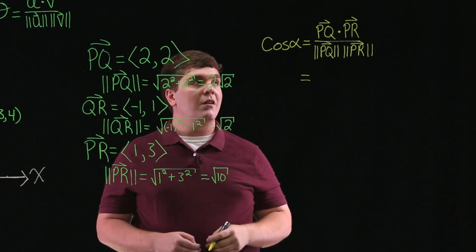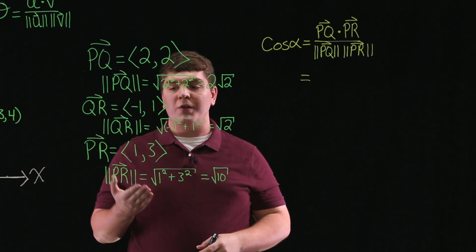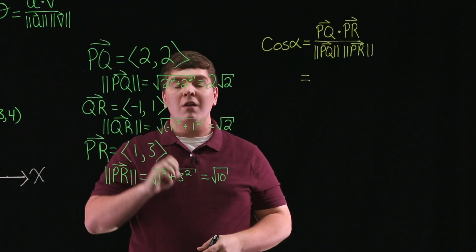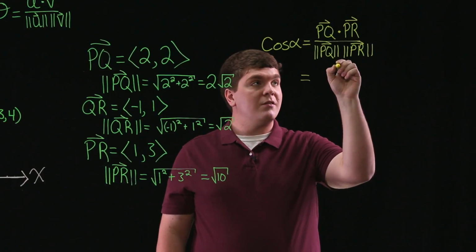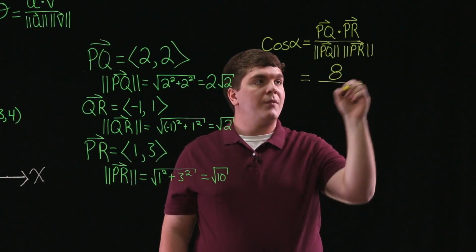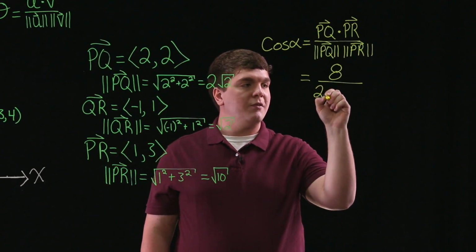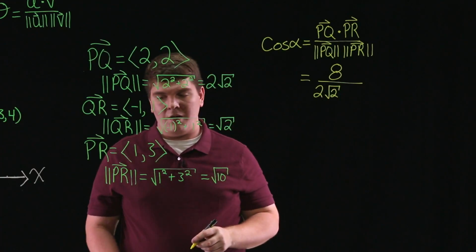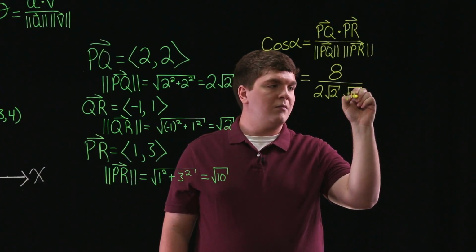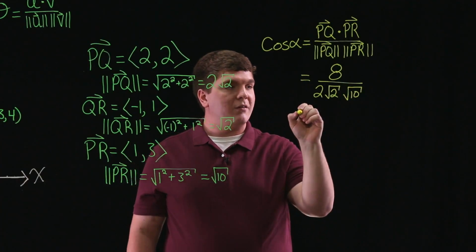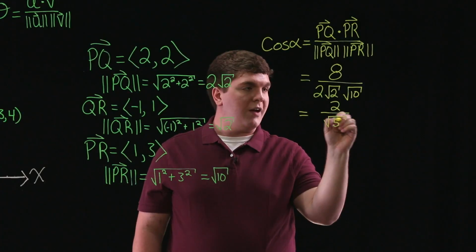Now to find the dot product of PQ and PR, it's going to be 2 times 1, which is 2, plus 2 times 3, which is 6. So PQ dot PR is 2 plus 6, or 8. And we're dividing this by the magnitude of PQ, which is 2 times the square root of 2, times the square root of 10, which ends up being 2 divided by the square root of 5.